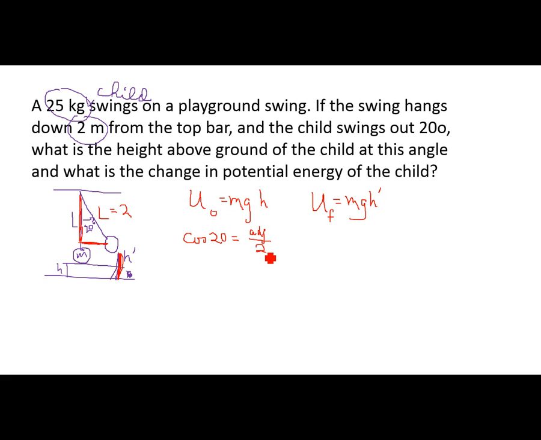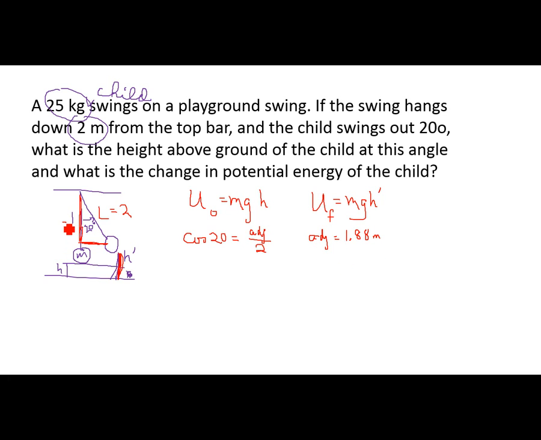Let's just plug that in. Cosine 20 times 2 is 1.88. Okay, so that means the adjacent side is 1.88 meters.